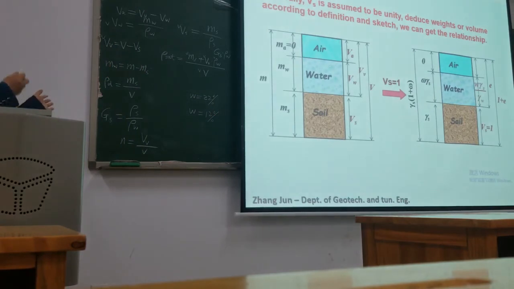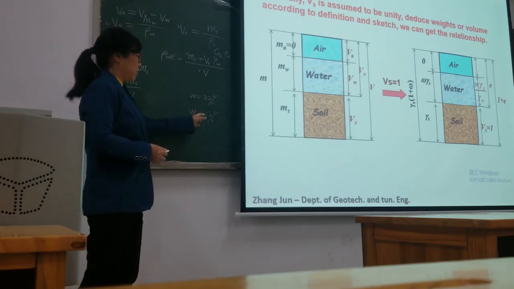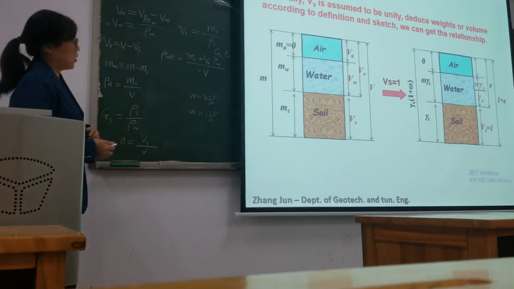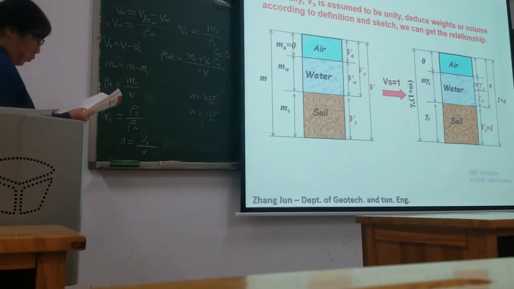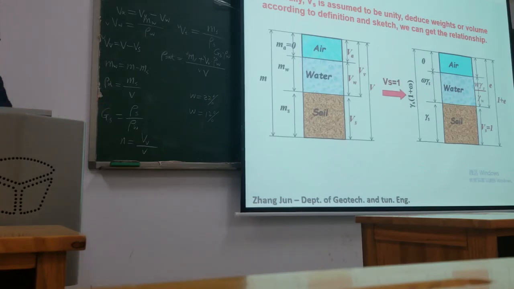So we should add water. Okay? How to calculate the water we should infuse in the soil? Here, the void ratio may be a constant.